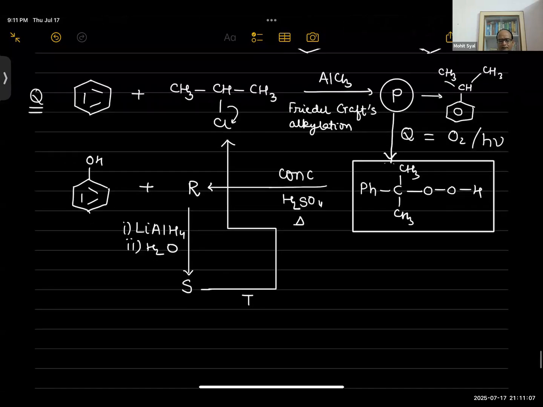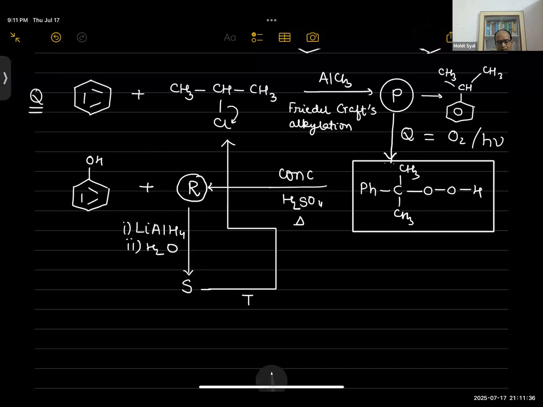What is R? Okay, you have this phenol and R. So what is R? Just now I asked you, what is the byproduct of the cumene hydroperoxide method? Acetone, right.